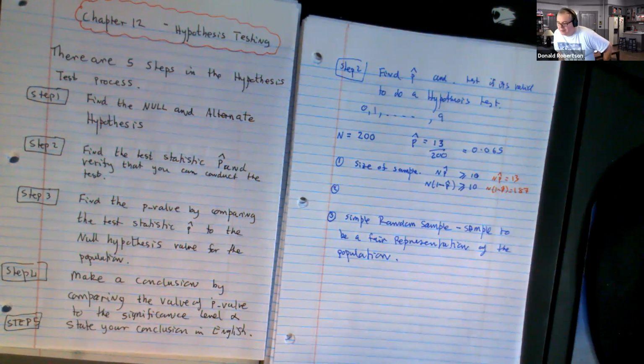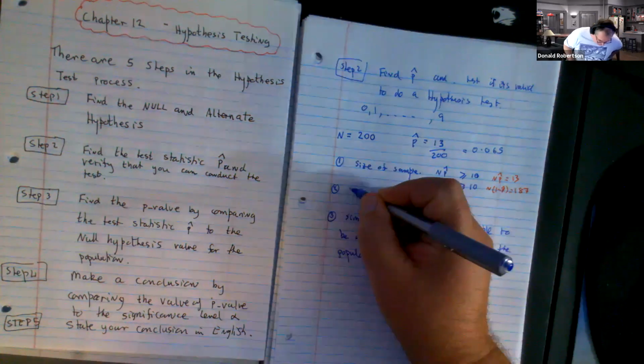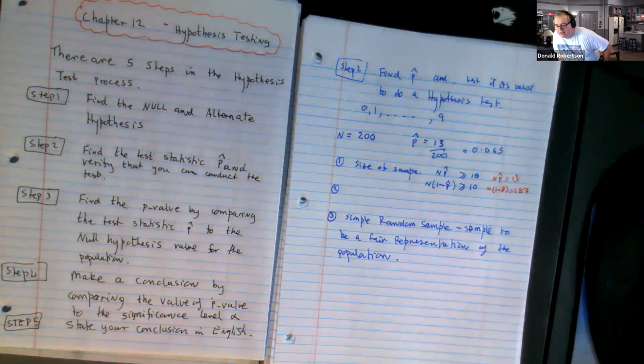And so that might influence it. Or don't pick people, I don't know, coming out of an unemployment bureau or something, right? Don't you want your sample to be rich and poor and old and young and a fair representation? And simple random sample is typically how we do that. And the second one, which I put in the middle, what other things should you be careful of? In some situations, at least.